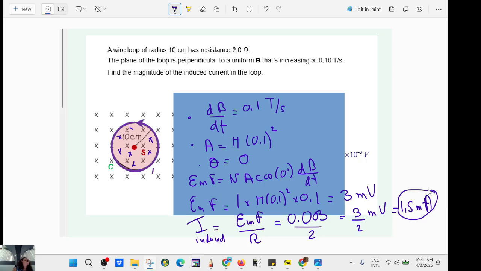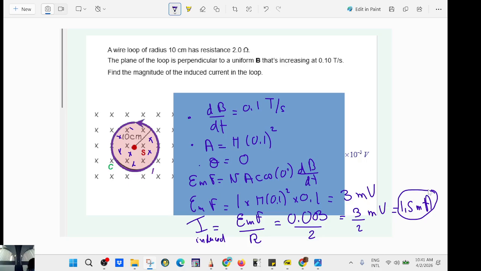Any question? Pay attention, because there are going to be a lot of conceptual questions for this part as well, because of no, you don't. So you see the field lines are going into the board. So the current says, no, you don't.